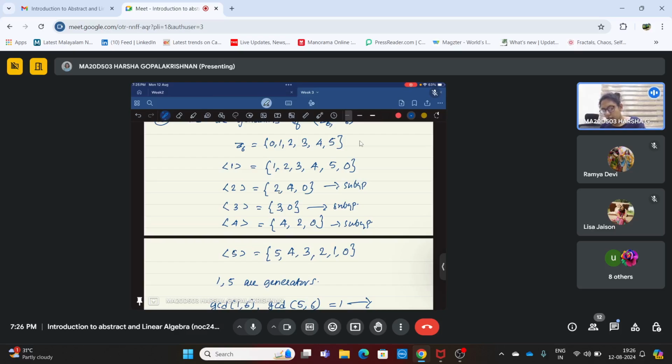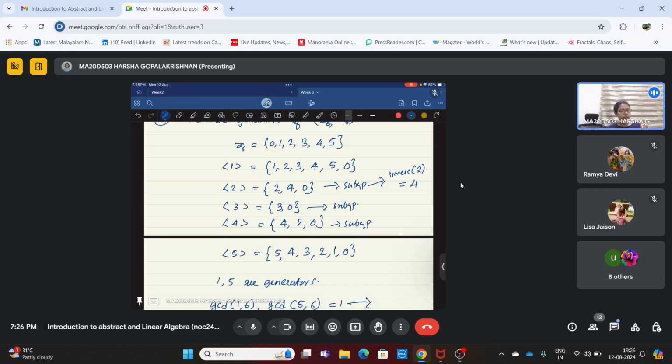Here you can see, in this case, for 2, what is the inverse of 2? Can anyone say? 4, good. The inverse of 2 is 4 because 2 plus 4 is 0, correct?